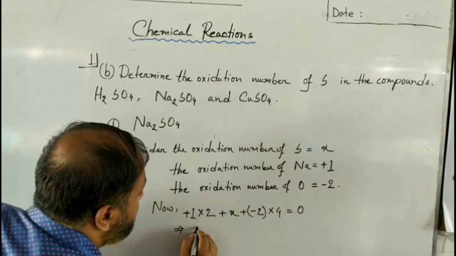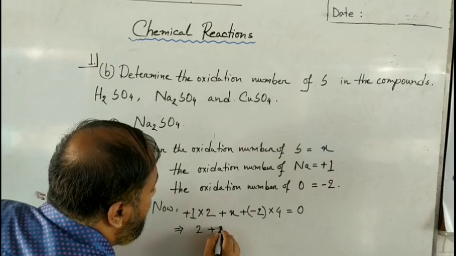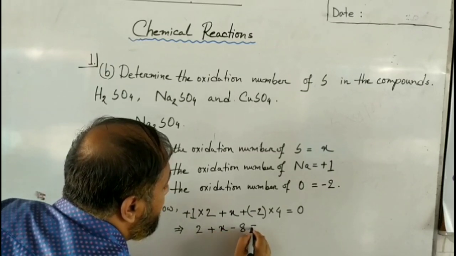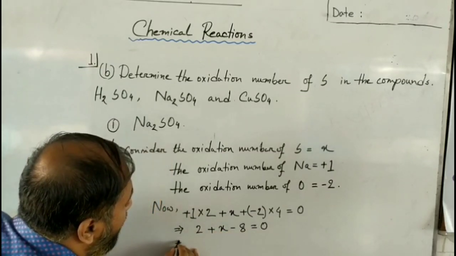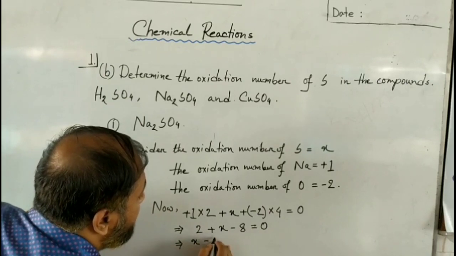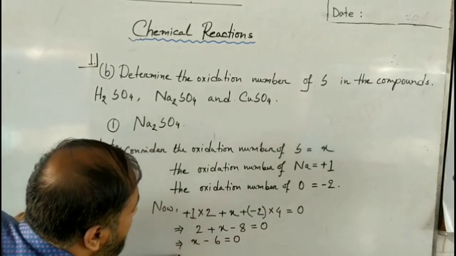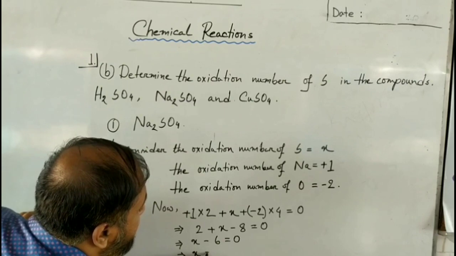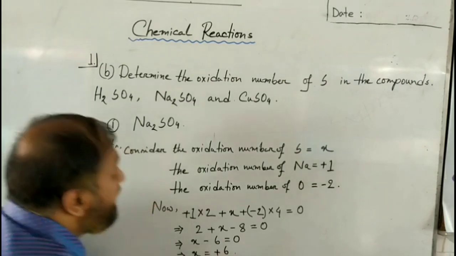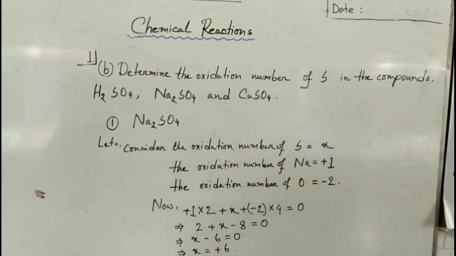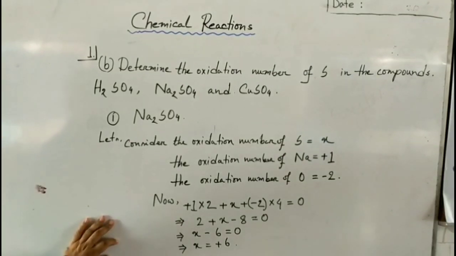Now 2 plus X minus 8 is equal to 0, or X minus 6 is equal to 0, or X is equal to +6. In this case, the oxidation number of sulfur is also +6.